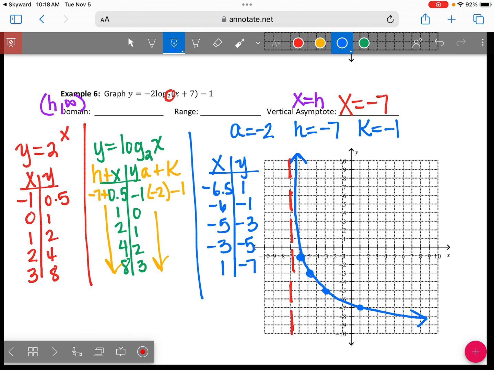And that is what your graph would look like. So our domain is h to infinity, so that would be -7 to infinity. And every log graph has the same range, and that would be all real numbers.